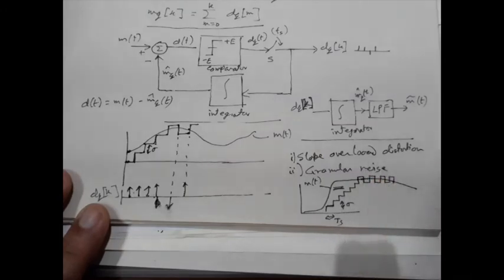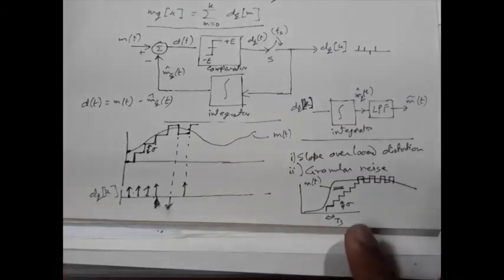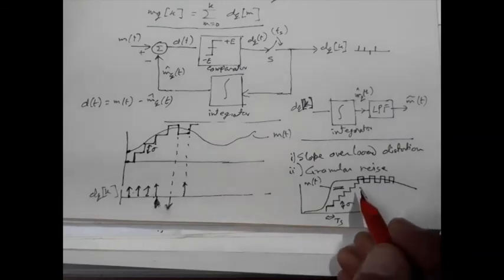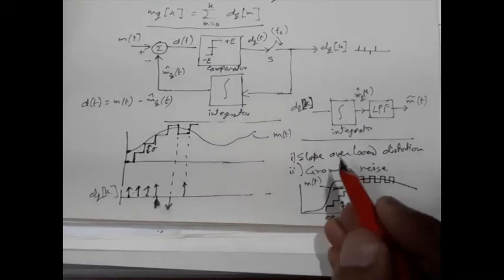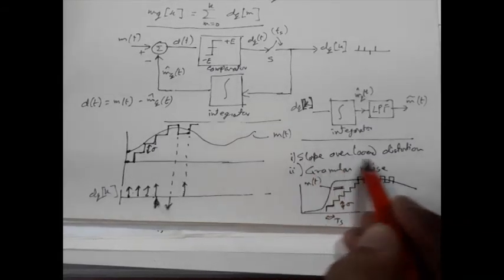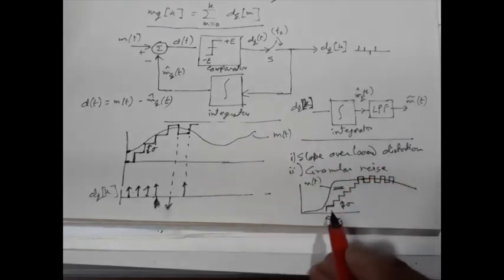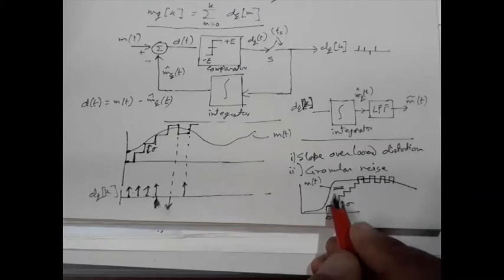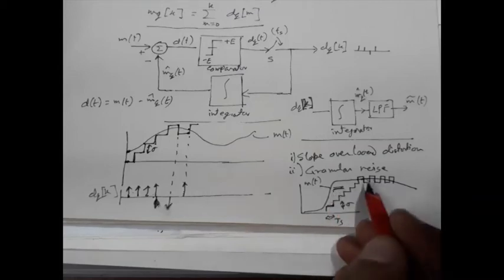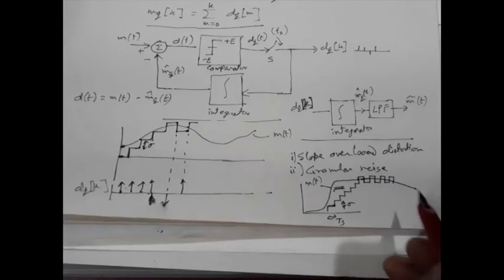So these are the two drawbacks of delta modulation. Now if we try to recover from any one of the problems, say we want to reduce this slope overload distortion, we have to increase this sigma. That means at one step it will move to a higher value, but in that case the granular noise will be higher.